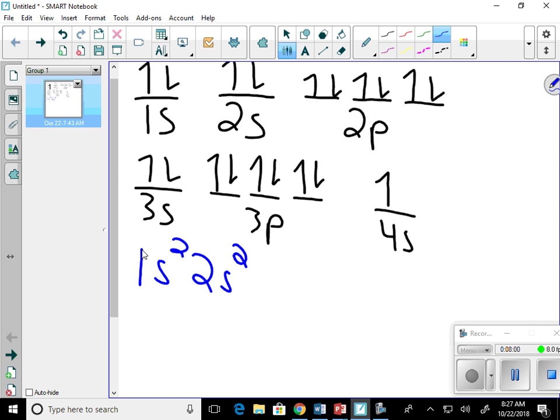I'm using a superscript for the number of electrons. Okay, folks, what comes after 2s2? 2p6. Because after 2s, I'm in the p orbital. How many electrons in the p orbital? 6.